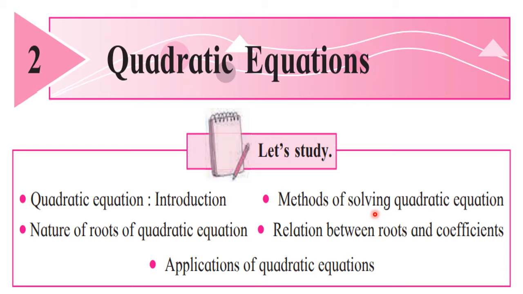Third is formula method. After that, the topic nature of the roots of the quadratic equations. Then relation between roots and coefficients. This particular topic again is omitted. And finally, we have applications of quadratic equation, that means word problems. Okay. Now let us start.